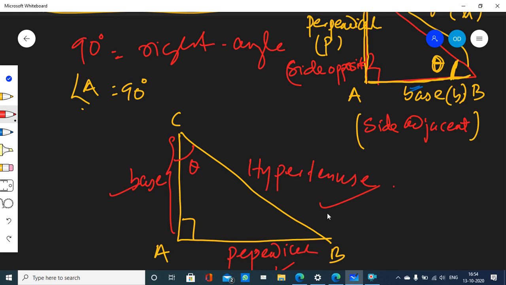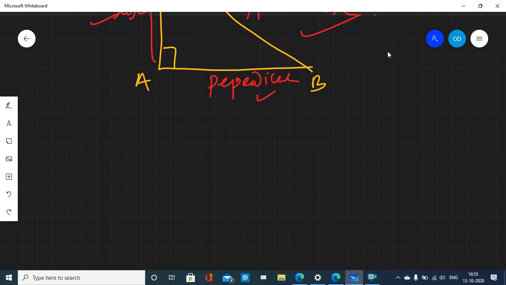Base, perpendicular, hypotenuse. The side that is in touch with the angle you are considering is the base, and the longest side is the hypotenuse. Hypotenuse is the longest side of a right angle triangle.